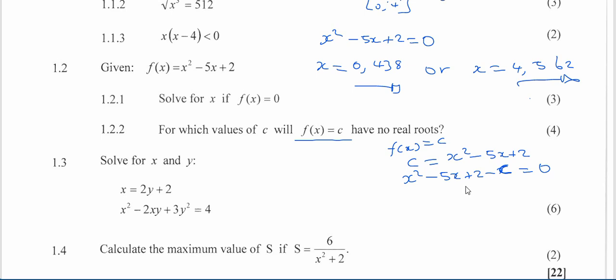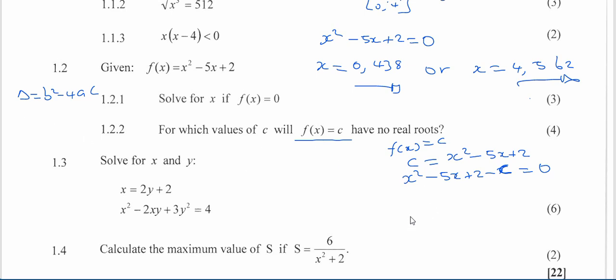So we are going to apply the discriminant. The discriminant equation is b squared minus 4ac. So find the value which has no real roots. We're going to use the equation.